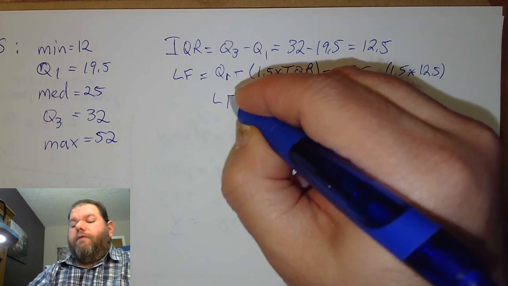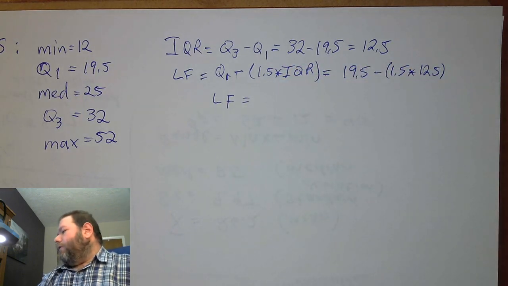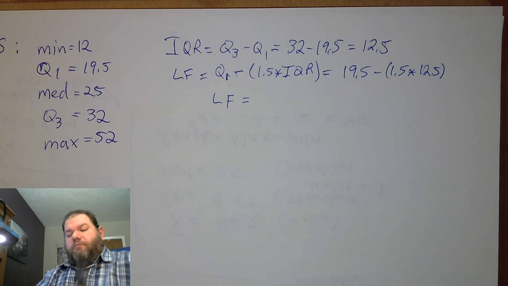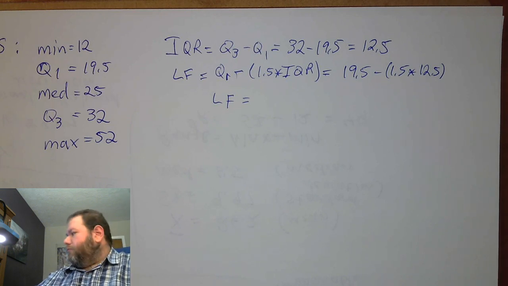And so our lower fence is equal to 0.75.